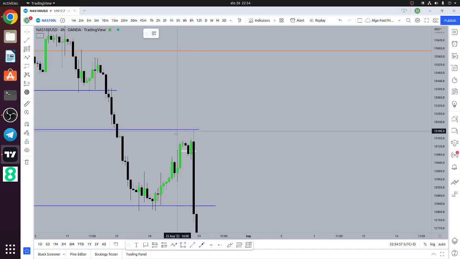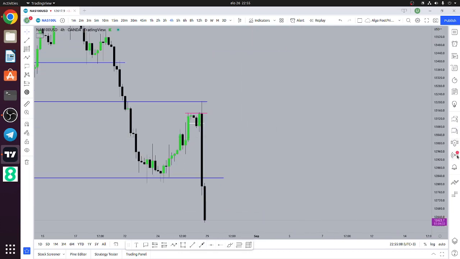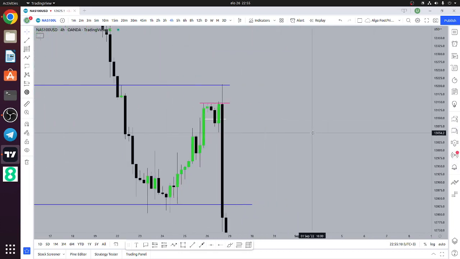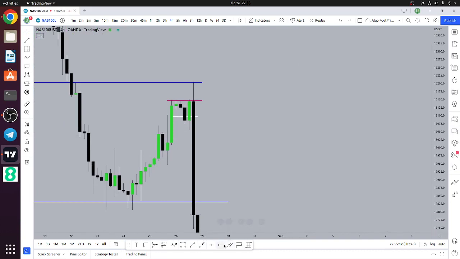And then I noticed something. We have these equal highs that price needs to take out. I'm gonna mark them with this color. Then I also realized yesterday price left this high. So these equal highs were taken out by this candle, which is today.